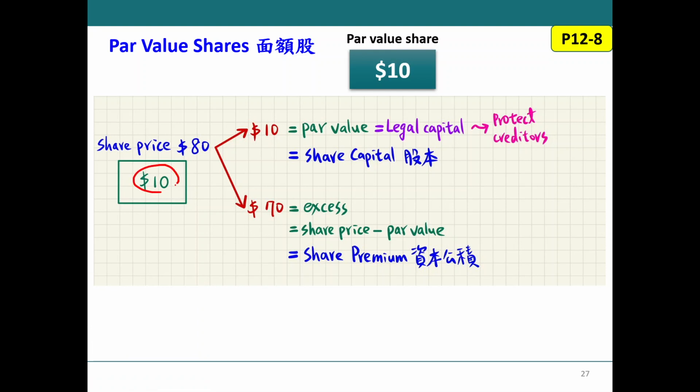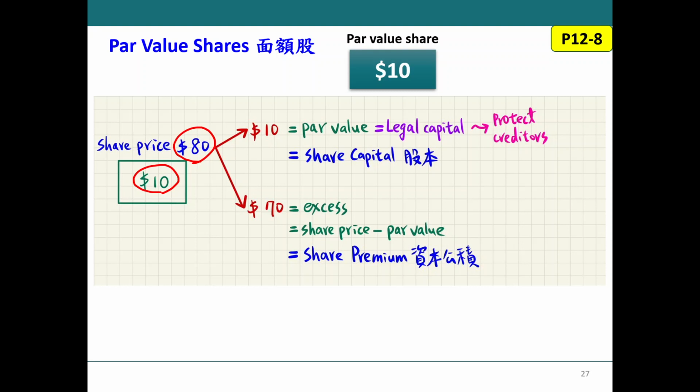When you sell these shares to the market, the share price is $80. Okay? So in accounting, we want to know how much is your legal capital, how much you cannot use no matter what. So for that par value $10, we use share capital, 股本, to tell you how much is your legal capital. You cannot use it no matter what.